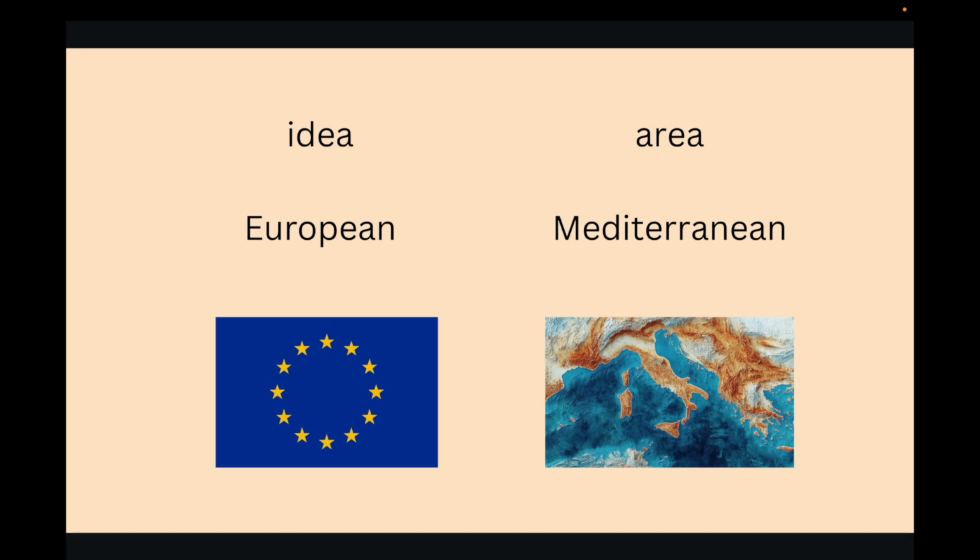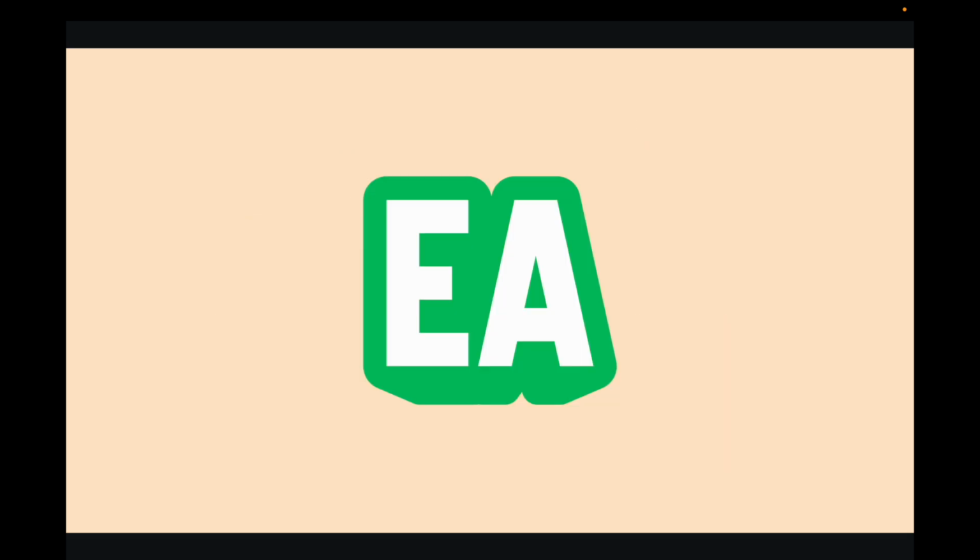The main difference here is that the strong part of the word is on the E, as we already talked about, for idea and European. And in the other words, the strong part of the word is actually in a different place. So that means that the part of the word with EA spelling is a little bit weaker. Area, Mediterranean. In those words, the E and A start to sound like they're moving apart a bit.